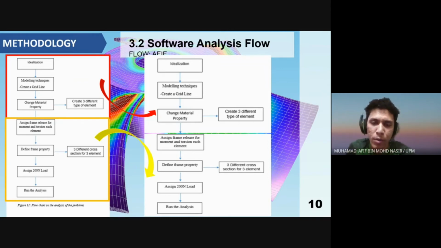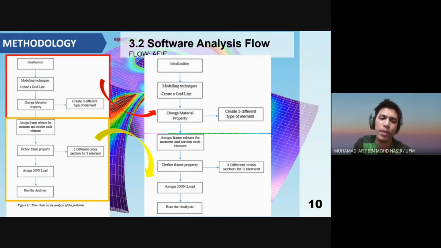So we go to the next step, which is the modeling technique. We create a grid line, and then based on the grid line, we can assign the properties, like changing the material property, where we use aluminium. So we will use the modulus of elasticity for aluminium. Next, we assign the frame release for the moment and torsion for each element.